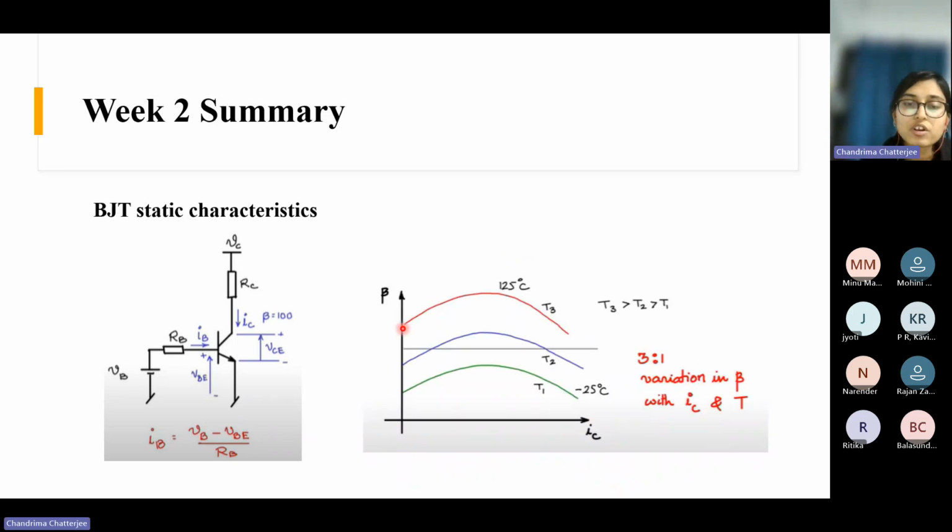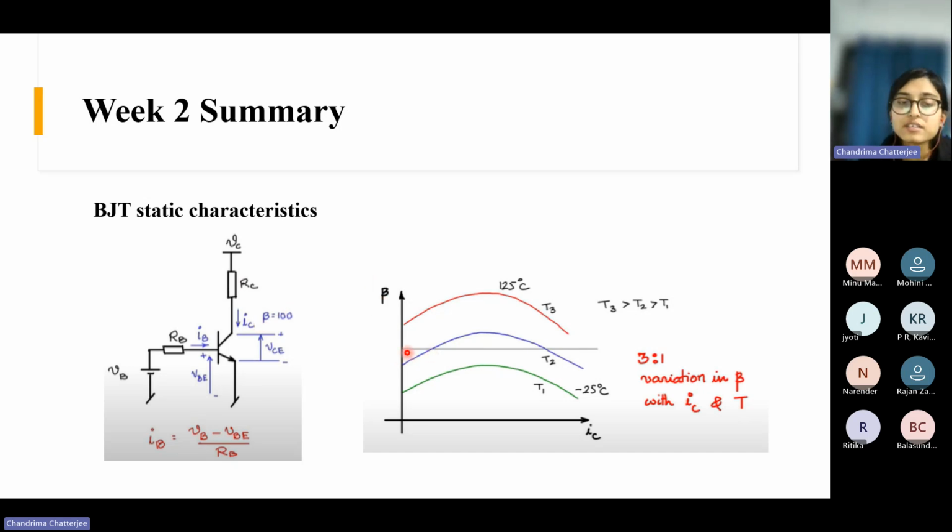I was talking about beta, right? Beta is the current gain of the BJT. If we inject a current through the base IB, then we get a collector current that is beta times IB. So this is the current gain.